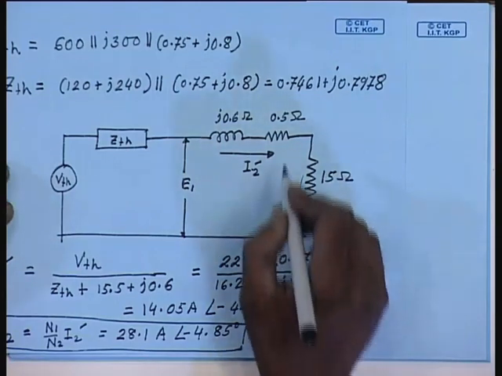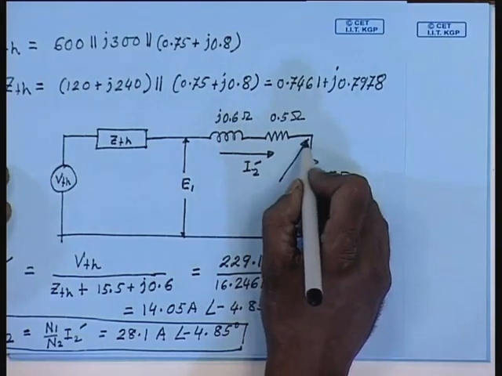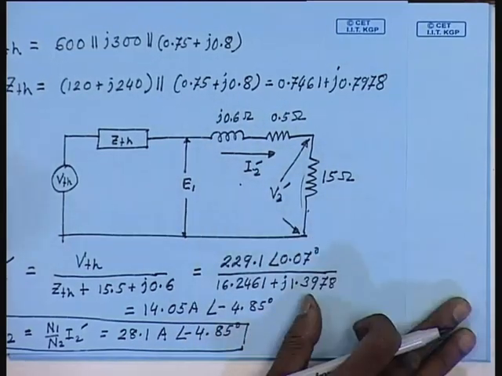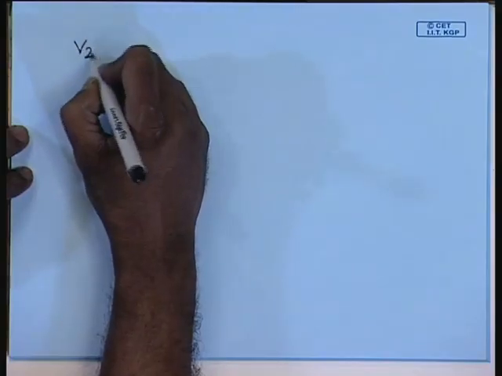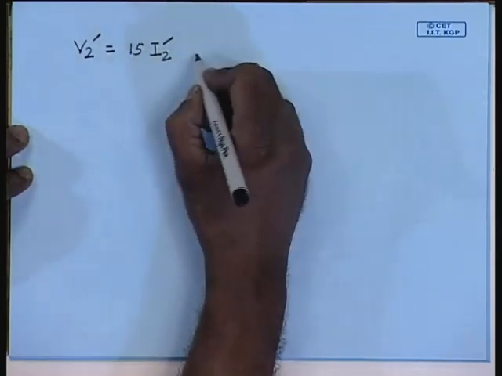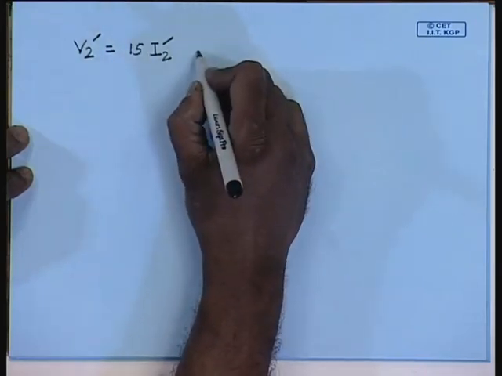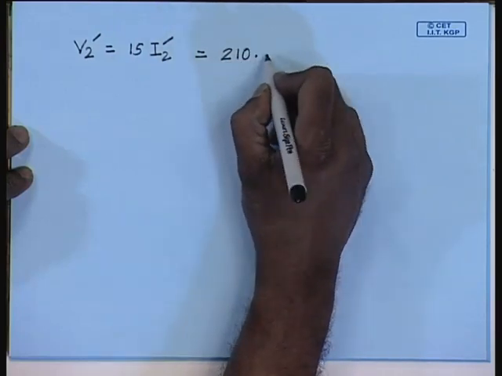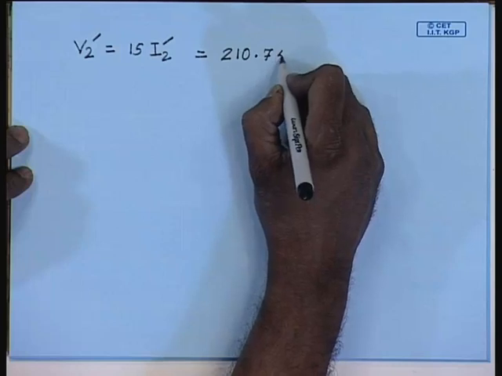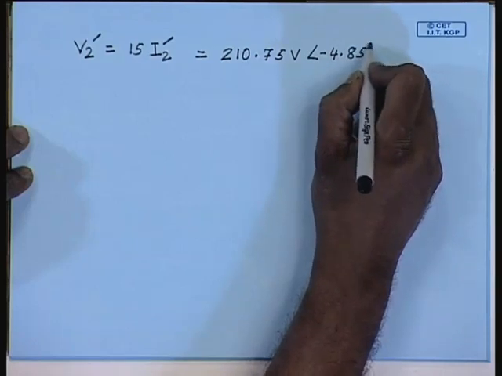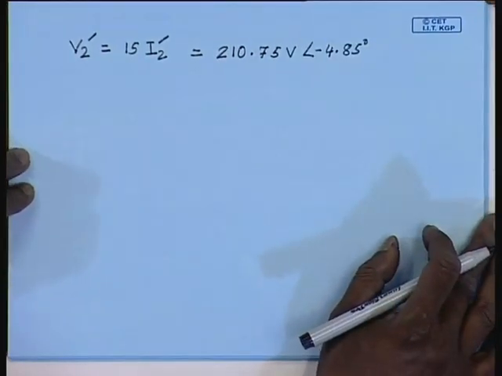So, what is the output voltage? For that we will calculate what is V2 dash. V2 dash is nothing but I2 dash into load resistance. And this comes to 210.75 volts at an angle of minus 4.85 degrees with respect to the input applied voltage.